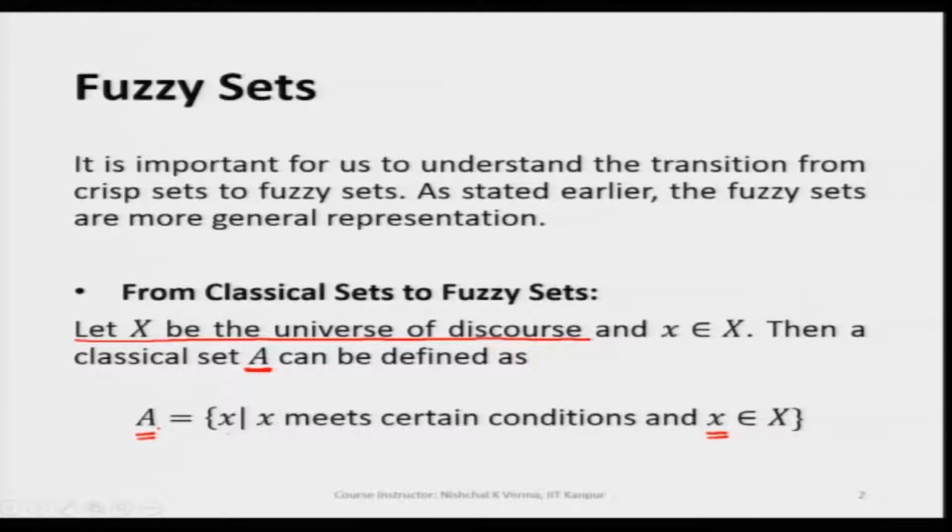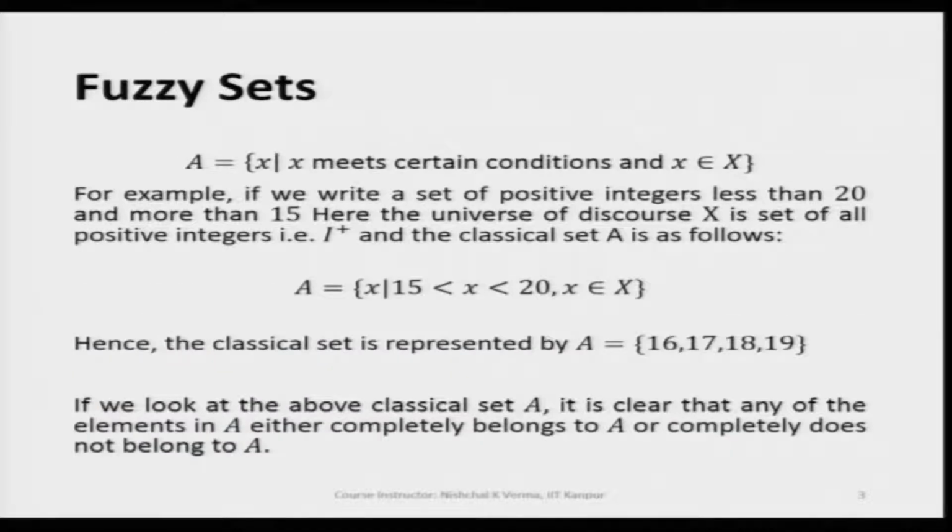So, we now know that a conventional set A is the collection of all the elements drawn from the universe of discourse capital X. This kind of collection is termed a set.